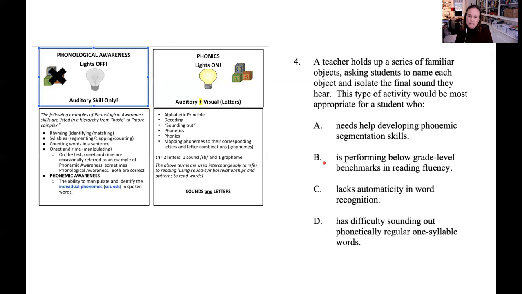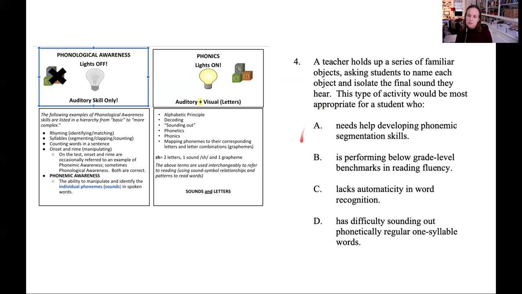So just know that on the test, sometimes the place where people go astray is that they think about the scenario in the question and then draw a conclusion or leap to a conclusion about other areas in which that child may be struggling. You will never be asked to do that. You should take the information in the question and find the answer that most relates to that question.